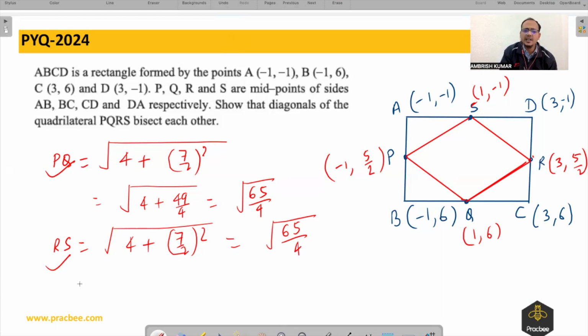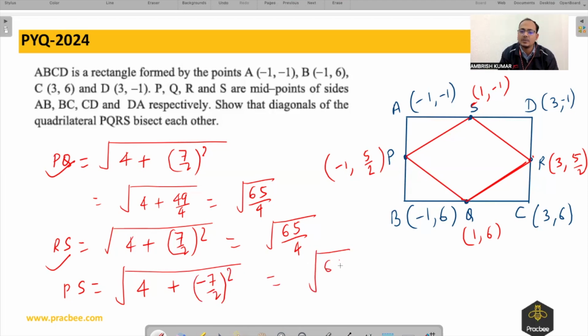Now you find PS. PS is going to be the square root of (1 - (-1)), again 2 square means 4, and then (-1 - 5/2), again negative 7 by 2 whole square. We get the same thing here, square root of 65 by 4.